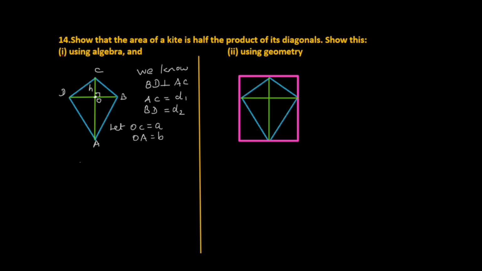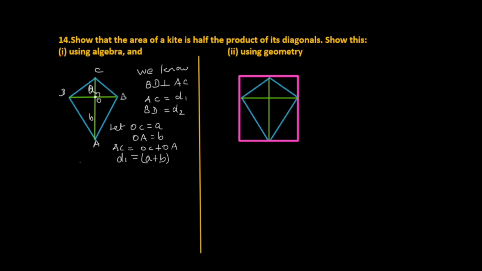So this is A and this is B. Now my diagonal AC is equal to OC plus OA, so D1 is equal to A plus B. So diagonal 1 is equal to A plus B.